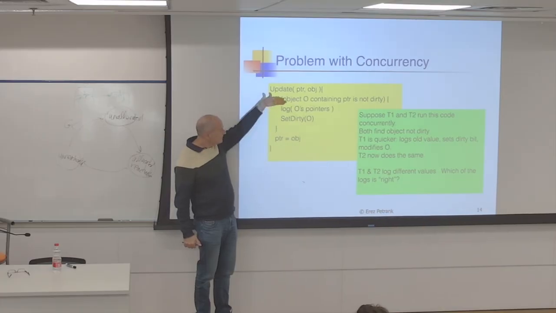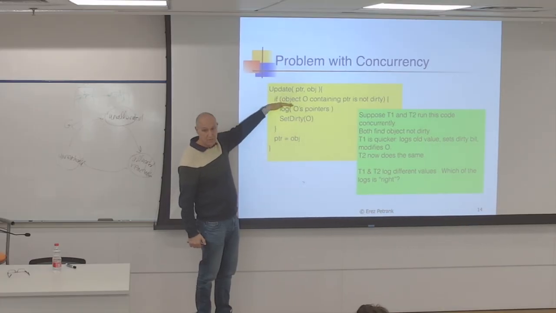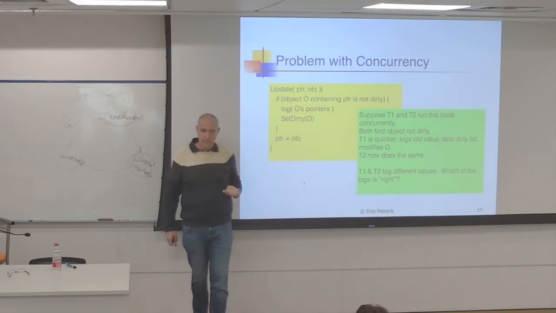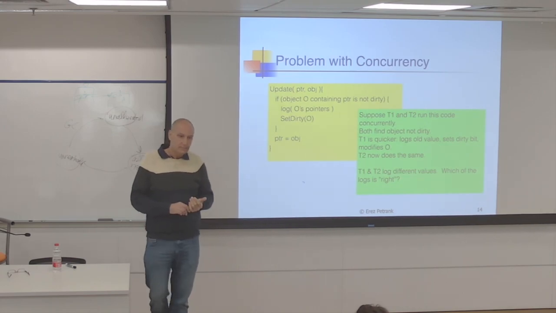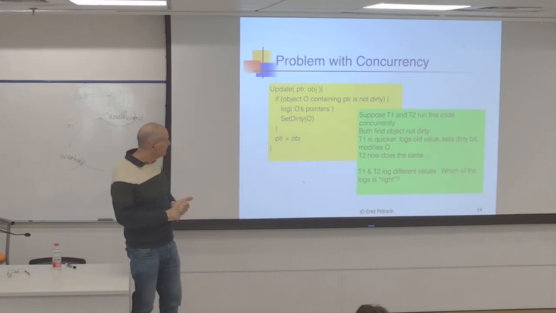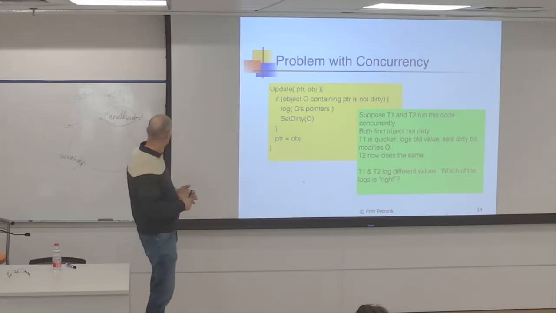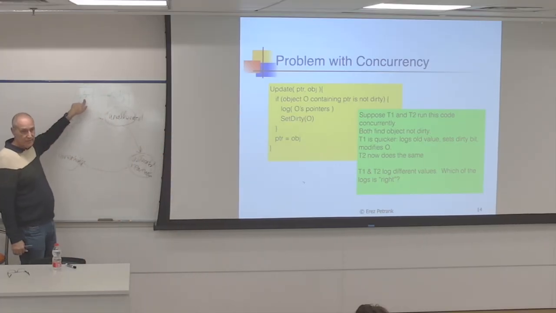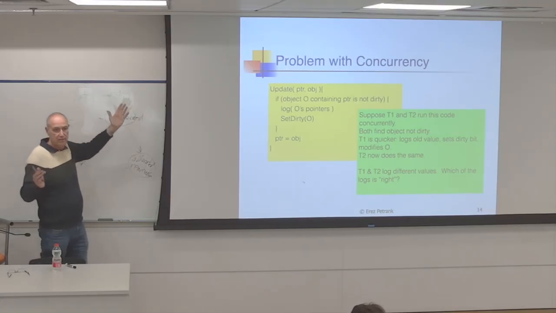Now the second one, the slower one, wakes up and logs the pointers, but this is after the modification. This is not the way it looked when it was snapshotted. So this thing is changed by the first thread, and when I log all the pointers here, it is different.